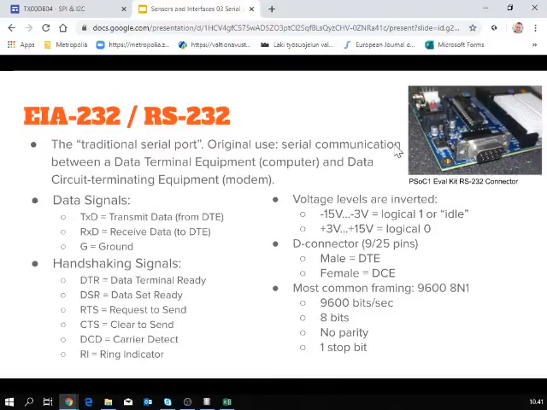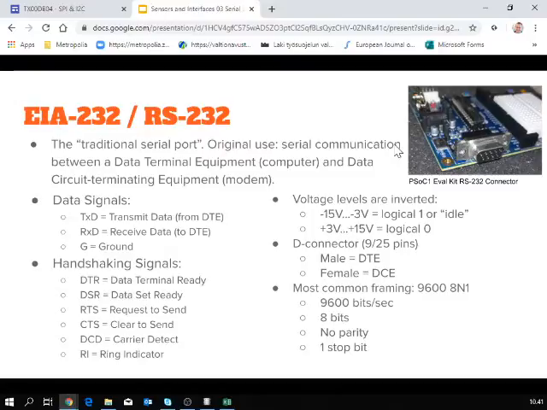In addition to these three, the original RS-232, or EIA-232, also had handshaking signals, which have a couple of funny lines that tell us about the history. This standard was made in the era of modems, which made that funny sound.